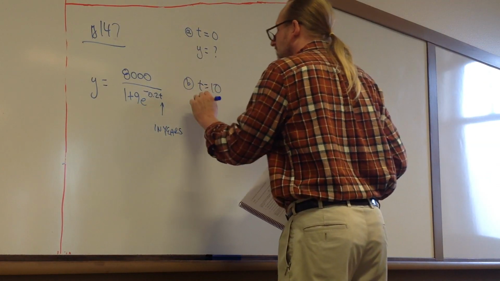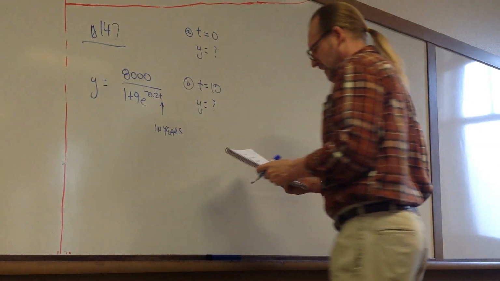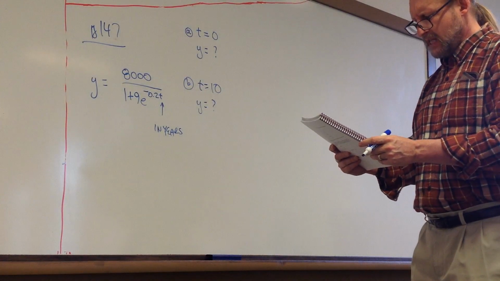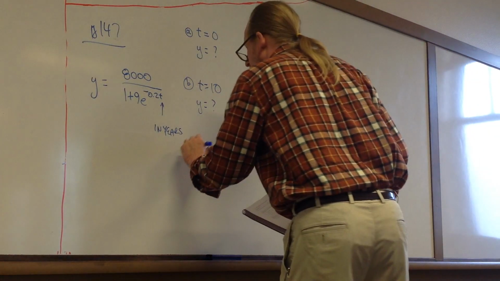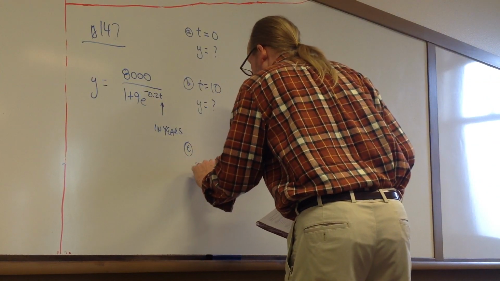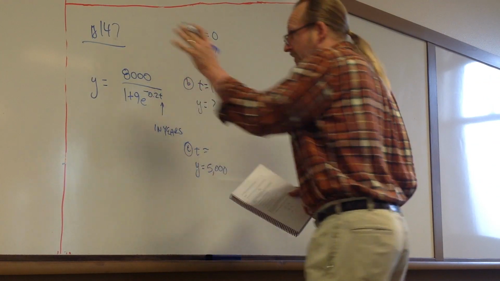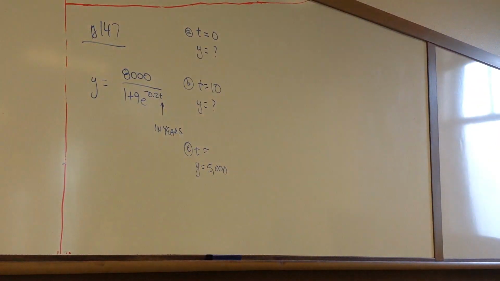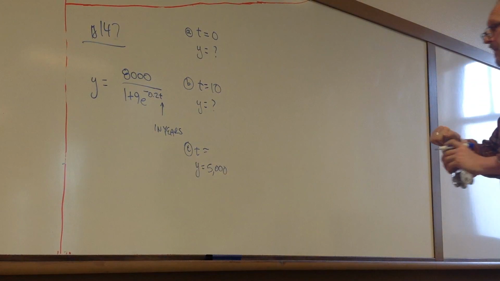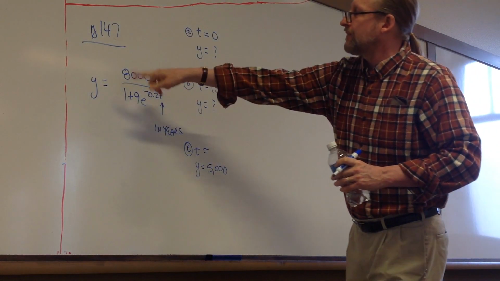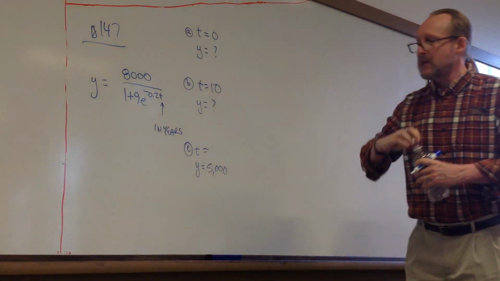So after 10 years, we want to know what y is going to be. And part C, how long does it take for the population to reach 5,000? So you can see these questions are similar to the questions that we saw in that other example. Okay? But our graph is going to be a little bit different because this is a different equation.